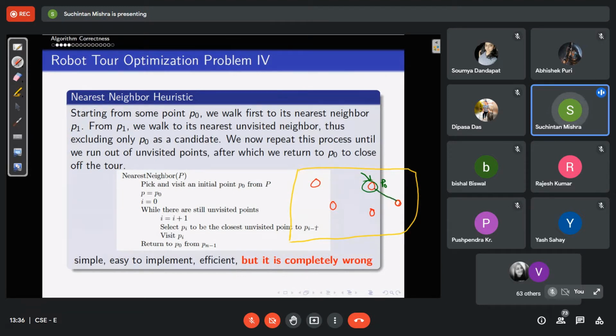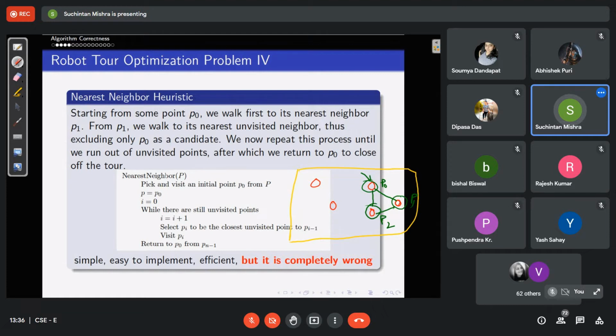Let this be the least distance point. This is now called P1. From P1, I have to find the least distance point. From here, I will connect this. Now this will become P2. From here, again, I have to find the point with the smallest distance.